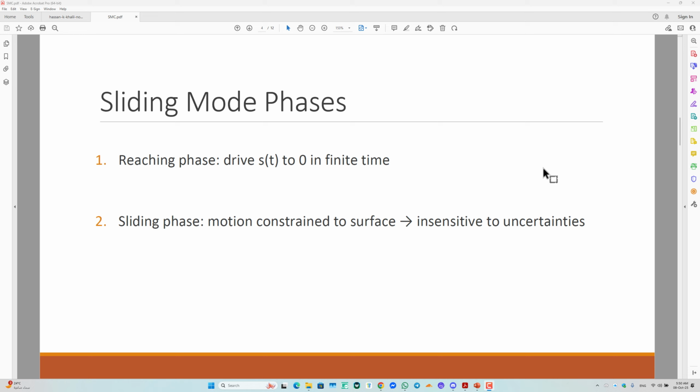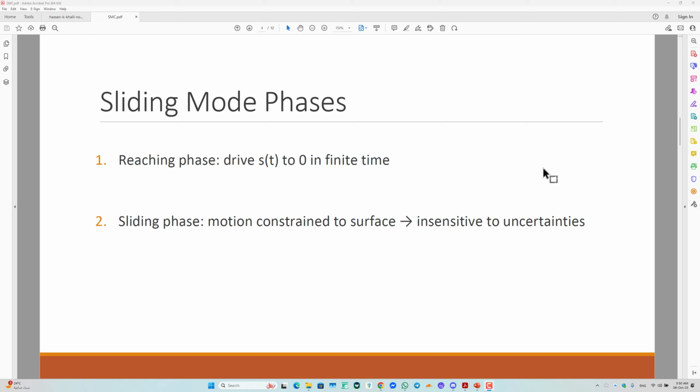The sliding mode phases. Sliding mode control has two distinct phases. Phase 1, the reaching phase: starting away from the surface, the controller drives s of t to 0 in finite time.